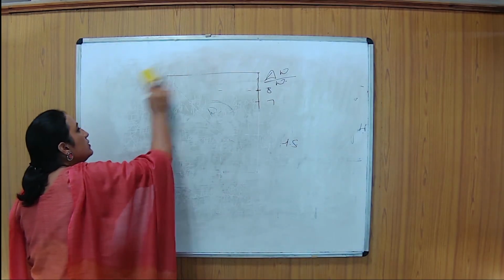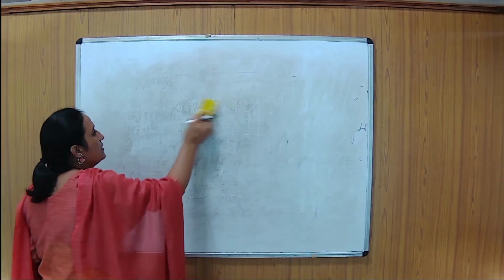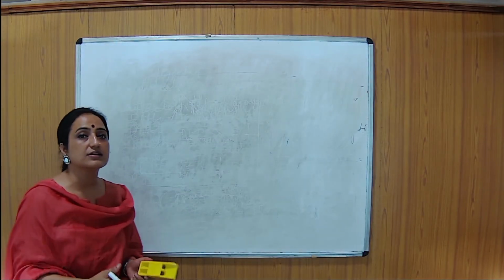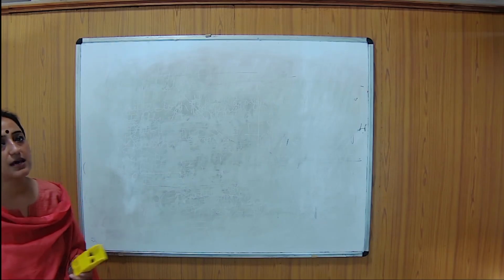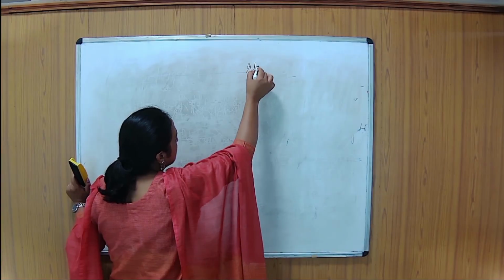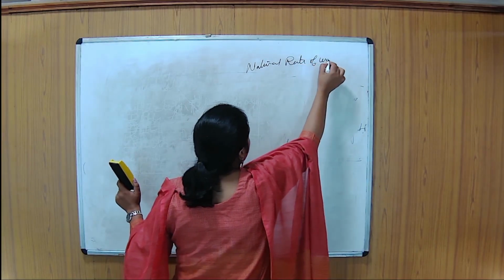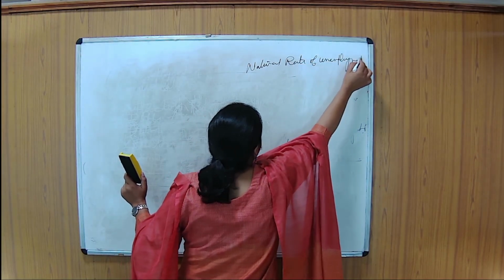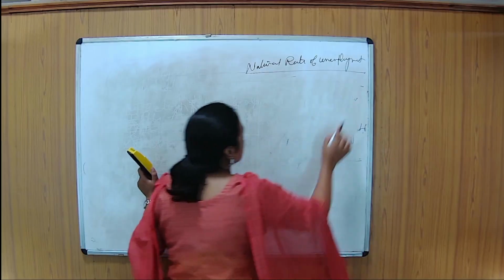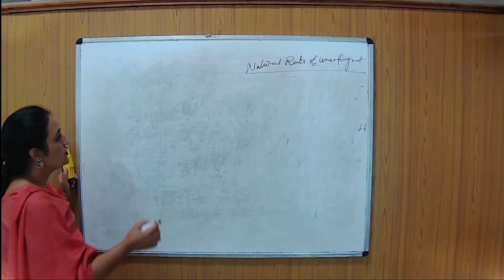The long-run Phillips curve is very important, and that diagram gives us a new concept that is known as the natural rate of unemployment. So how is the long-run Phillips curve able to find the natural rate of unemployment? Now I'm going to tell you.